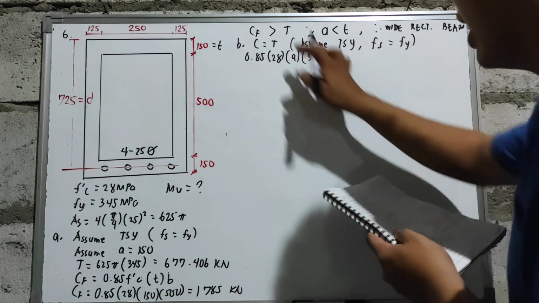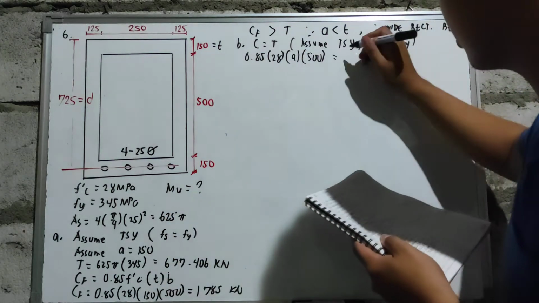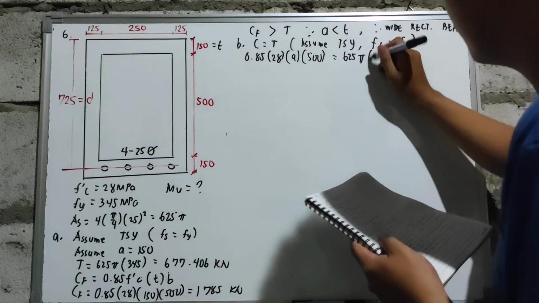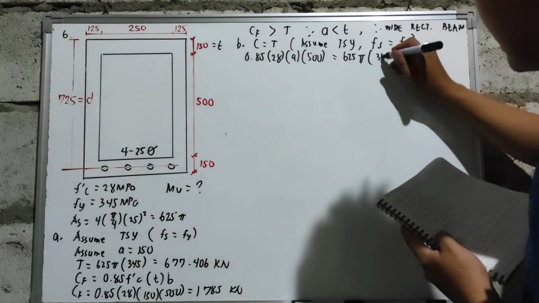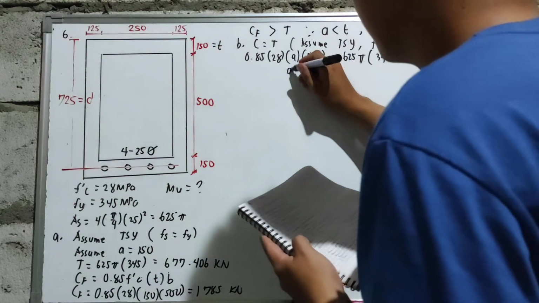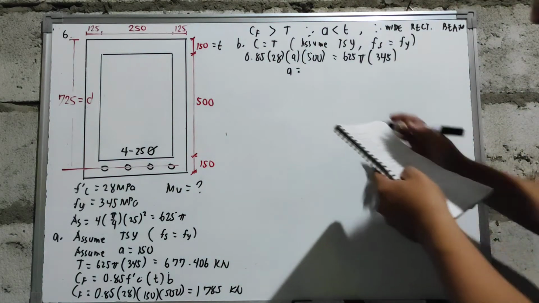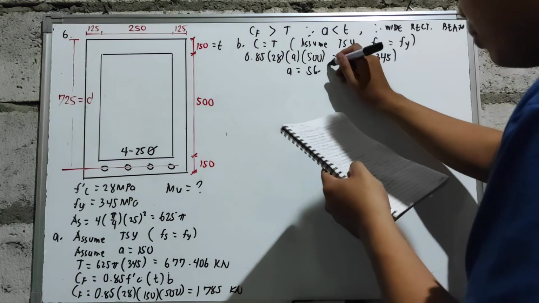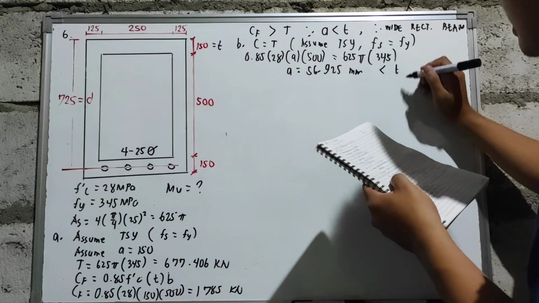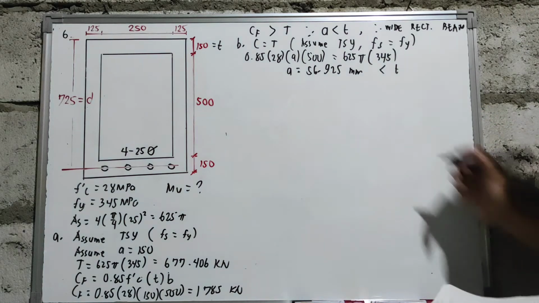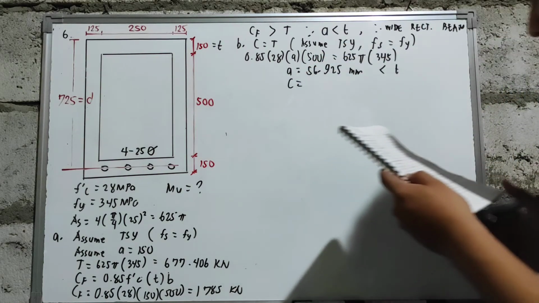Equals yung AS natin, which is equal to 625 pi, multiplied by yung Fy natin, which is equal to 345. So, the value of your A by shift solve is equal to 56.925 mm, which is less than sa thickness natin. So, okay siya.